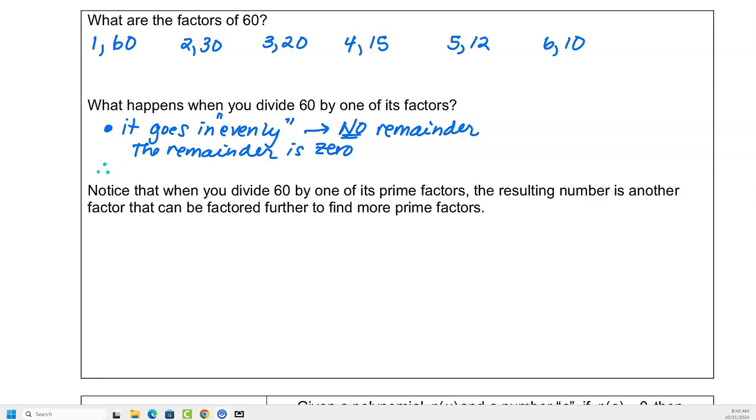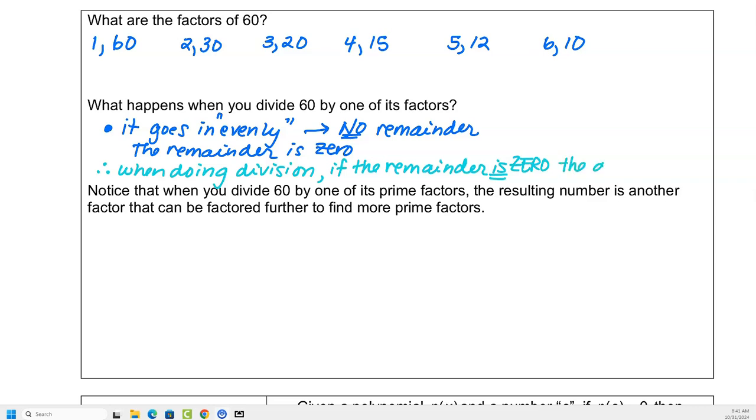So therefore, I'll put here, when doing division, if the remainder is 0, the divisor is a factor.